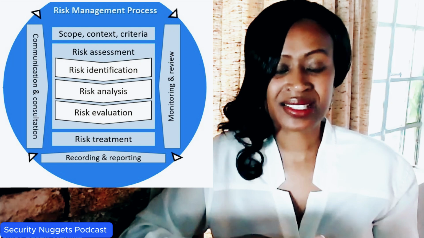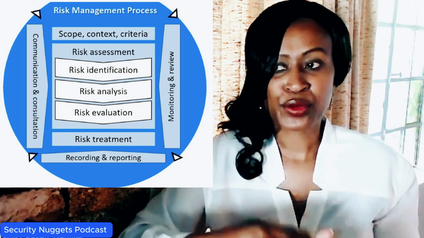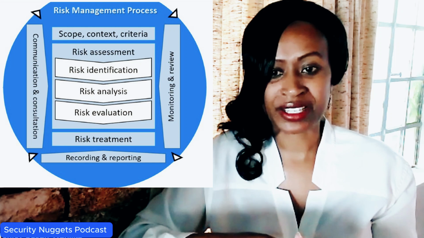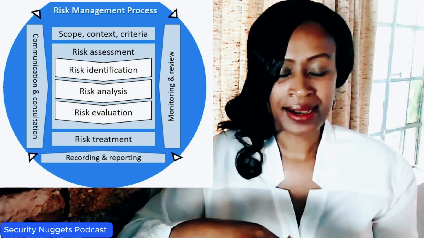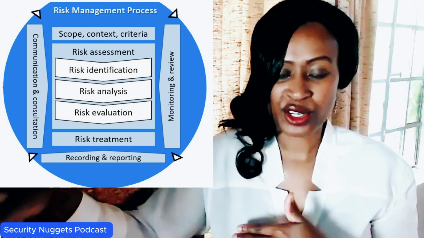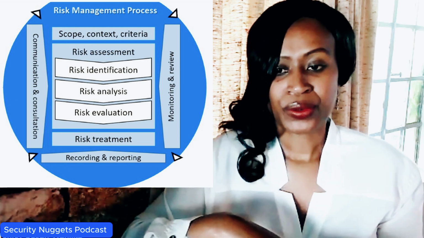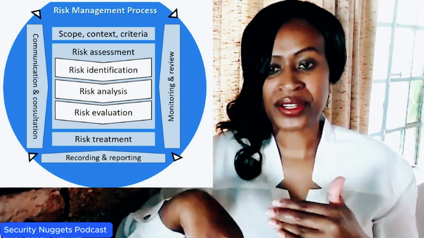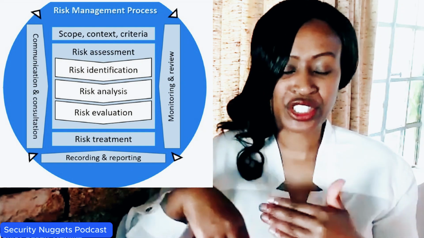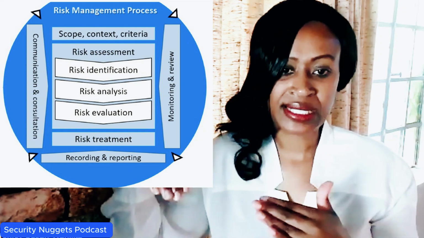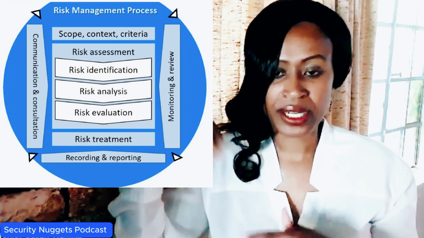And when risks happen, they need to be recorded, all right? Because again, remember, as you can see on the other side of the diagram, we have monitoring and review, all right? Because again, the process needs to be iterative. We need to continuously keep monitoring and reviewing, okay?